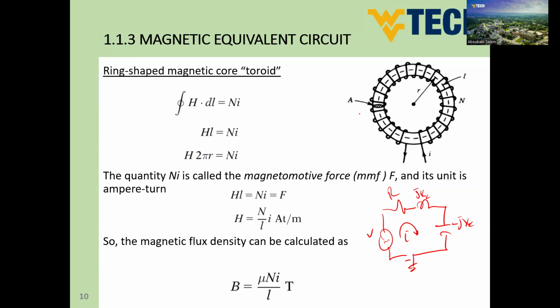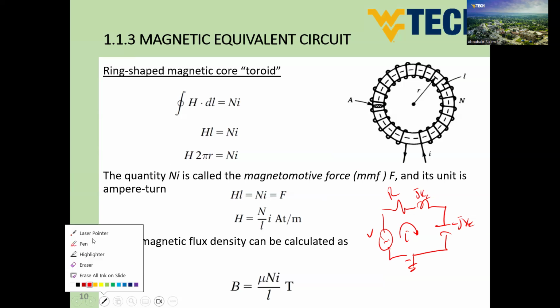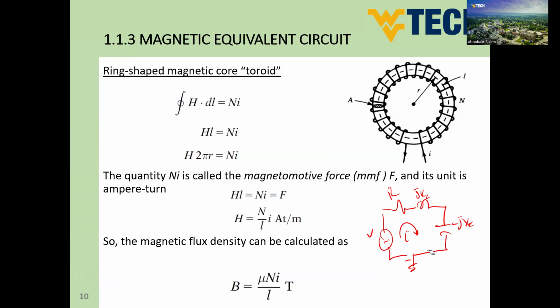The equivalent circuit will be an electrical circuit like that, and we can use circuit analysis to make the device analysis. This is a concept that we will use for all devices we discuss in our class. So let's see how we can make an equivalent circuit for this small example right here.